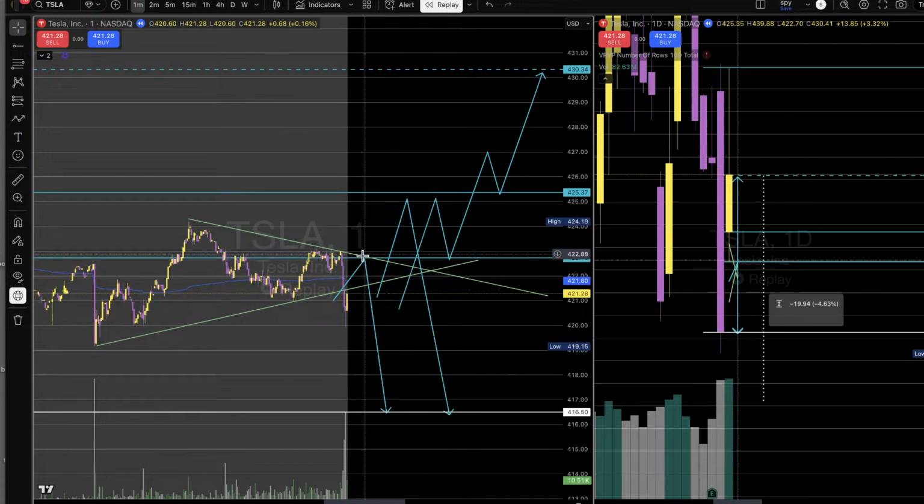So it wicks through, reclaims it, I enter as the candle has still not closed, or I could wait for it to close. That's the tricky part to decide, but I'd rather just wait for it to reclaim and see the price kind of holding for a bit and then down. If not, I'll stop out at the level, the wick high, and then we'll retry this one again.